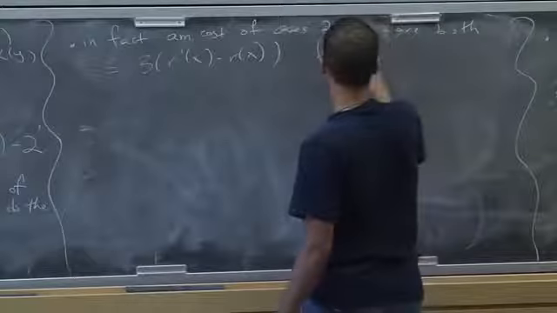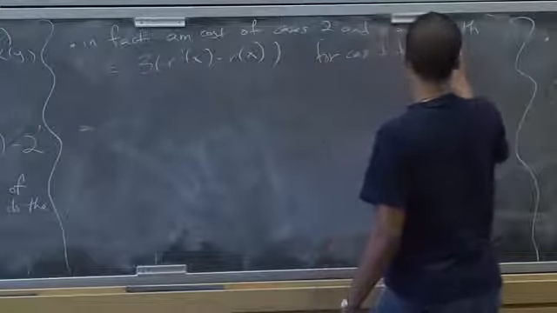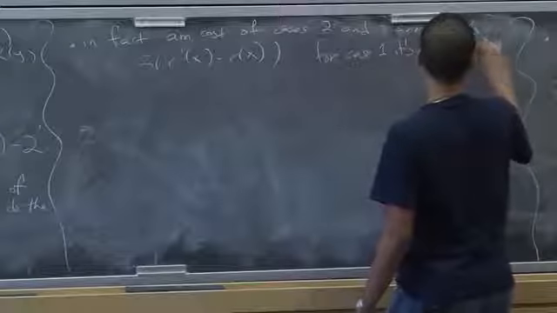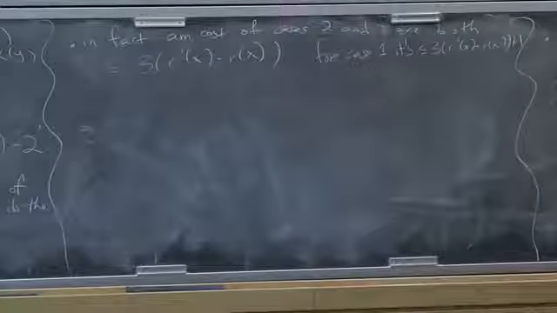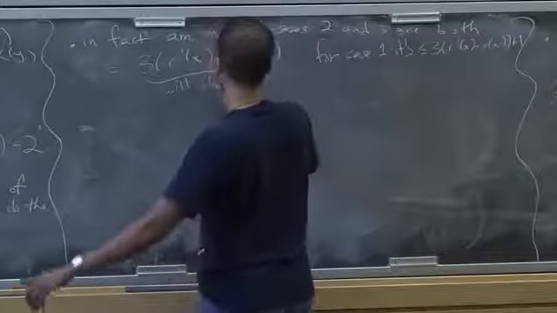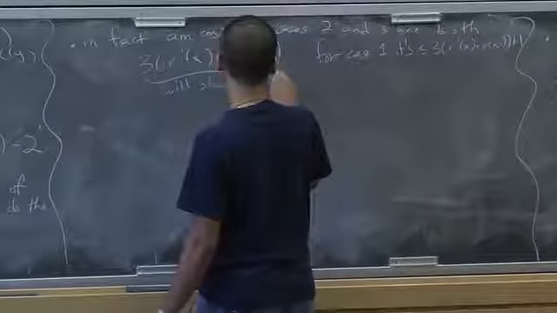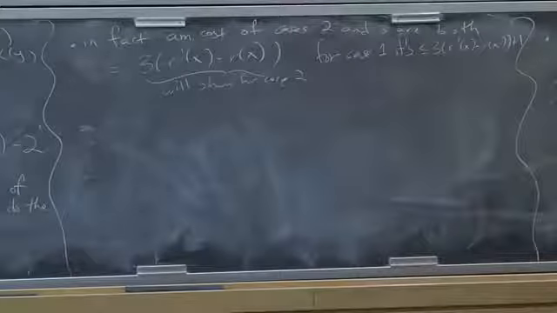For case 1, it's at most 3 r prime of x minus r of x plus 1. This is the thing I'm going to show. We'll show this for case 2, but just take my word that you also get the same thing for case 3, and you get an additive 1 for case 1.